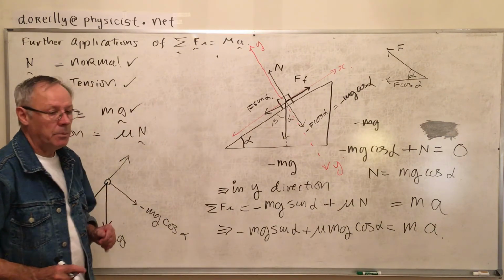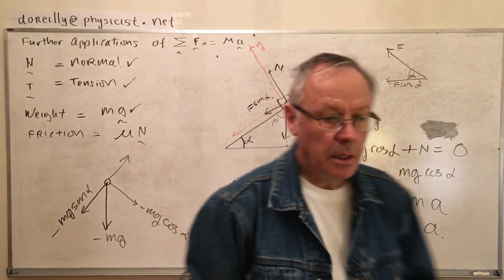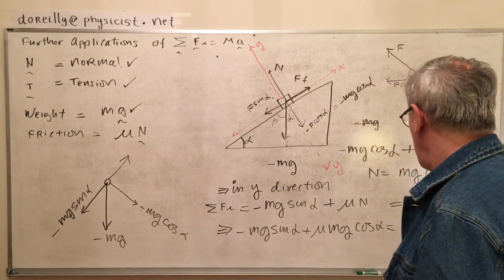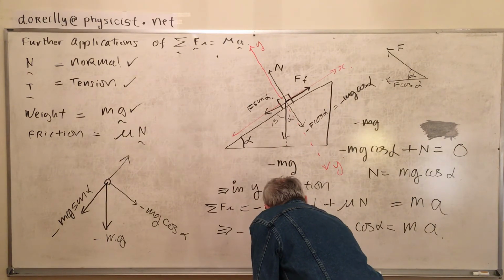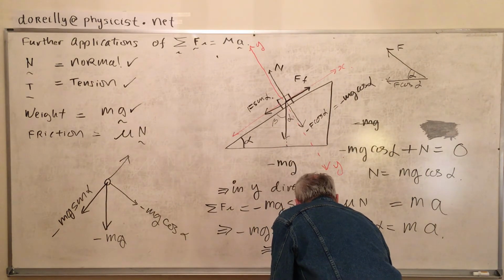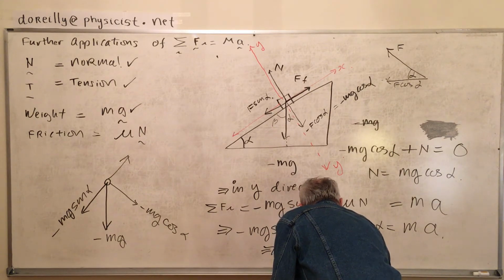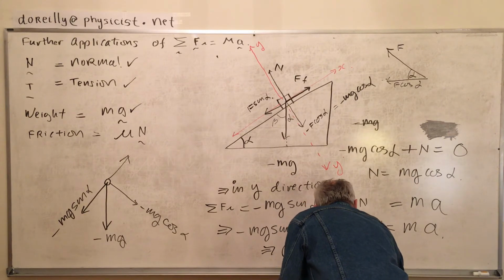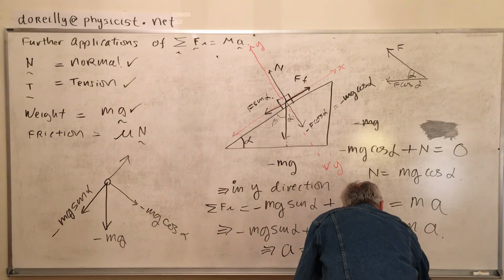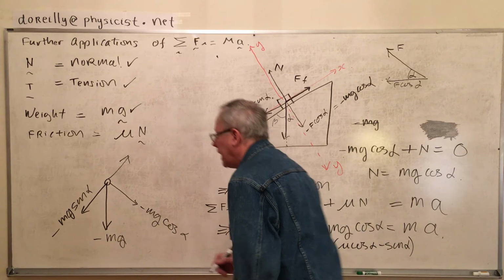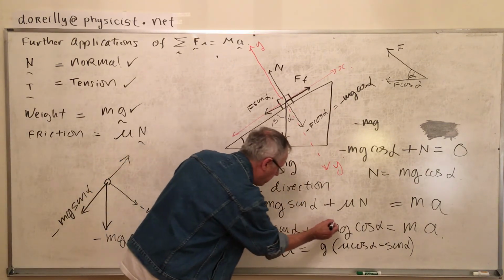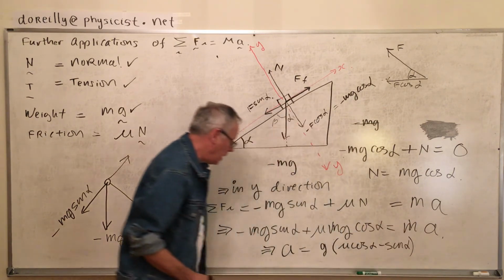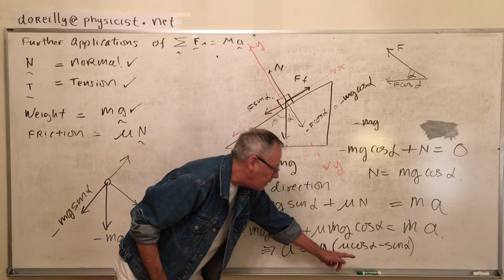Now in the next roundup, I will show you guys how to find this equation of motion, in other words the acceleration, using Lagrange's equation. I can cancel through with the m's and write an expression. The m's cancel. For the acceleration, a is g times mu cos alpha minus sine alpha.